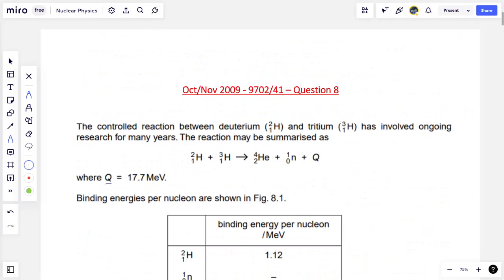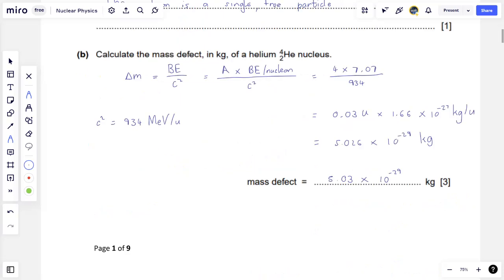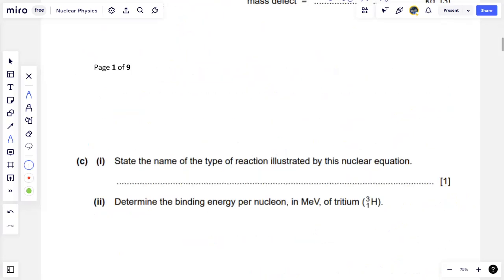Now, by looking at this reaction equation, I see that two light atoms, two hydrogen isotopes, form a slightly heavier nucleus, that being helium-4. We know that when light nuclei fuse to become a heavier nucleus, this is nuclear fusion.